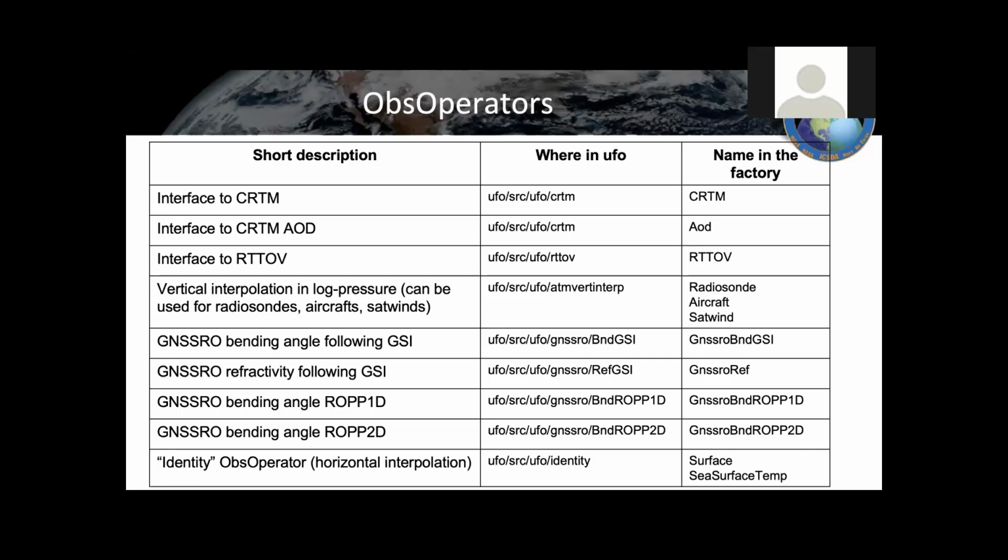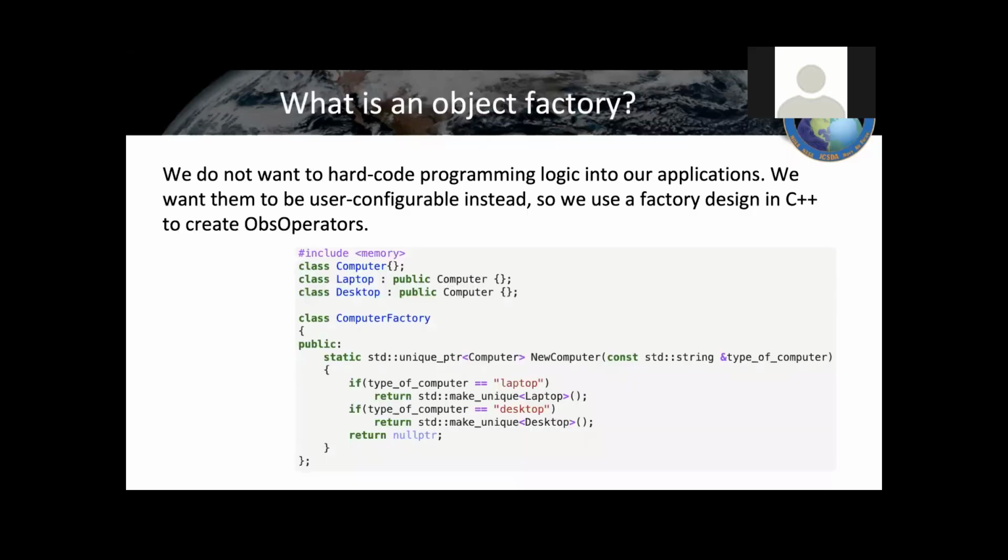So UFO's operation can be controlled by those YAML files that were mentioned in the earlier talks. And we construct objects in C++ space, or inside of our program, using what's called a factory. And you might wonder what I mean when I say a factory, or more specifically, an object factory.